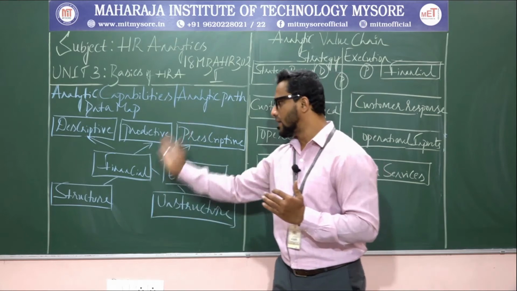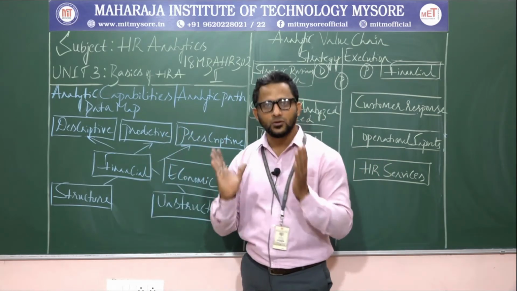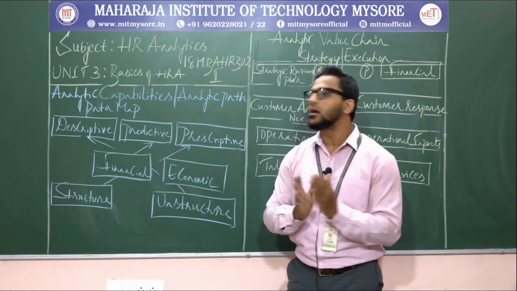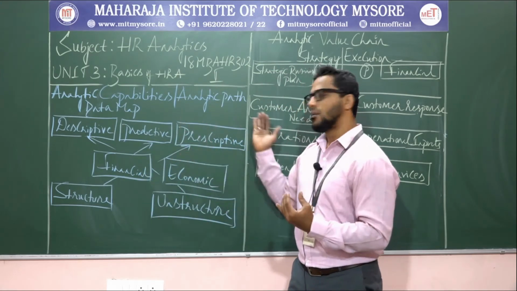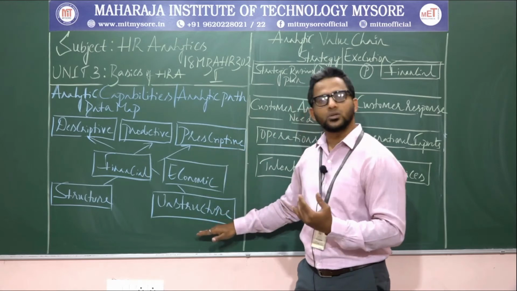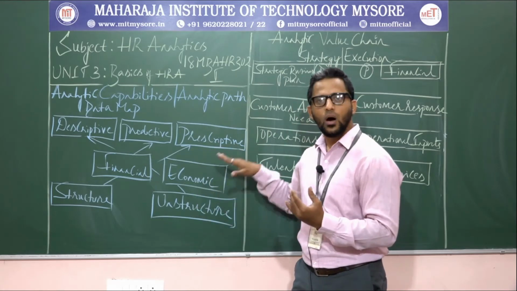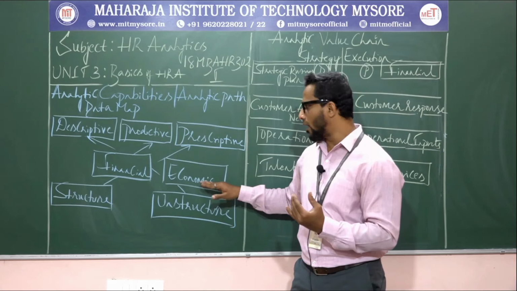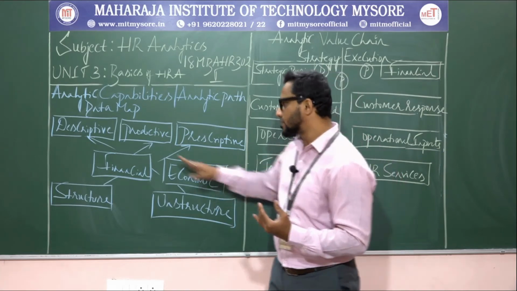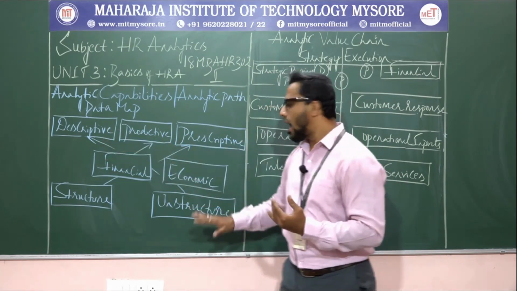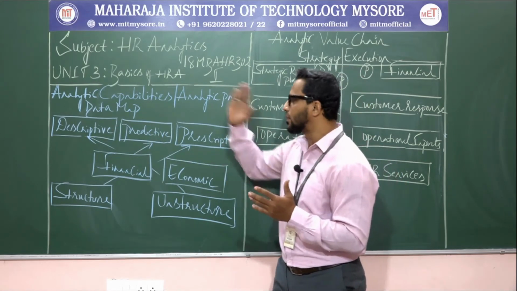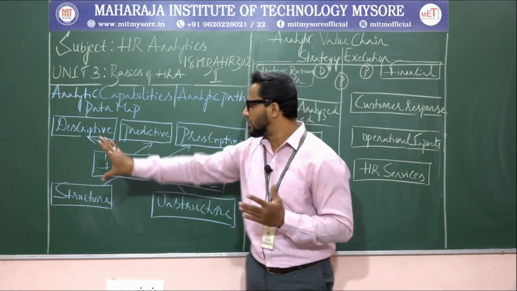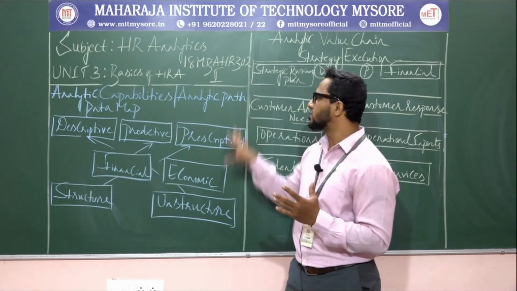So we can connect structured with your financial values or financial data, and it always speaks about your predictive analytics and prescriptive analytics. Whereas unstructured speaks more of your economic data, economic value, and it is descriptive. Unstructured data here is your economic data, and this explains your descriptive analytics.